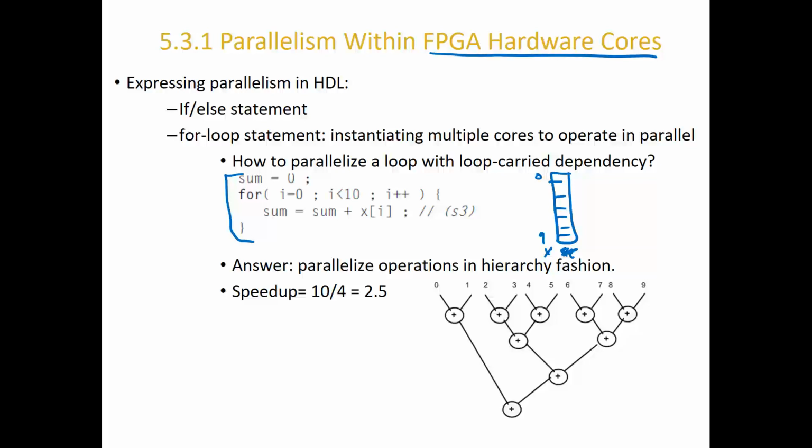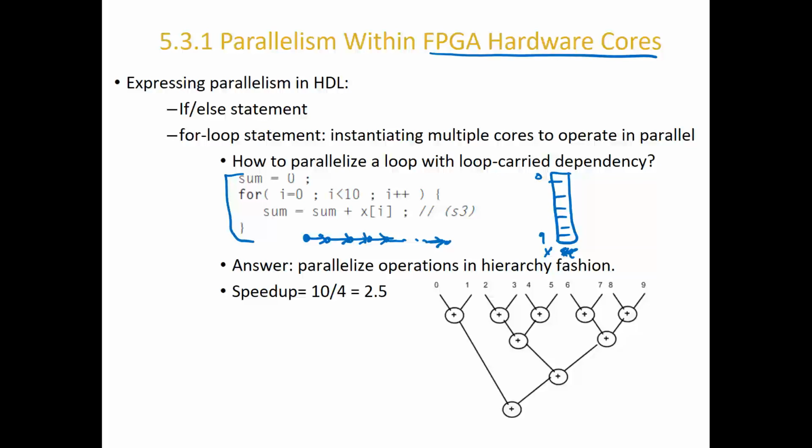Superficially, there are dependencies between the loops, as we have learned, and we cannot really overlap these loops. But if we examine this loop, we find that we can do parallelism. And the question is how?